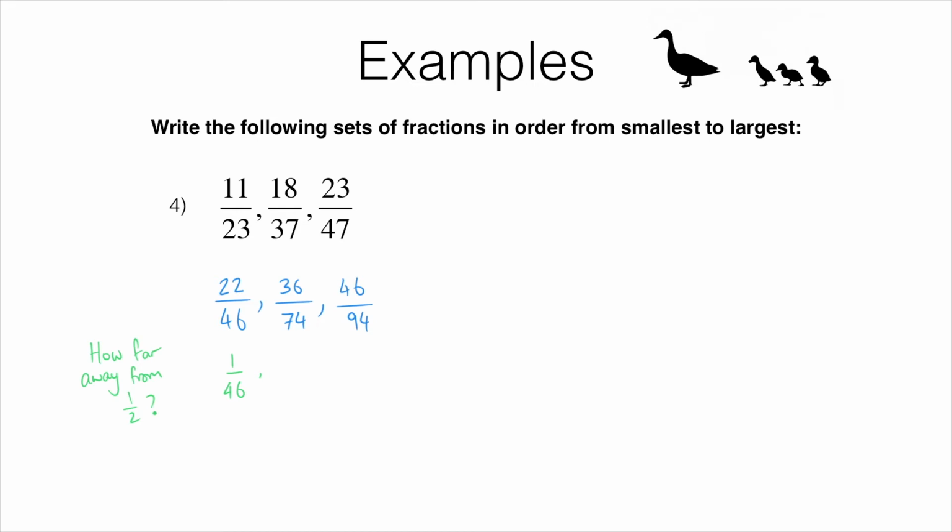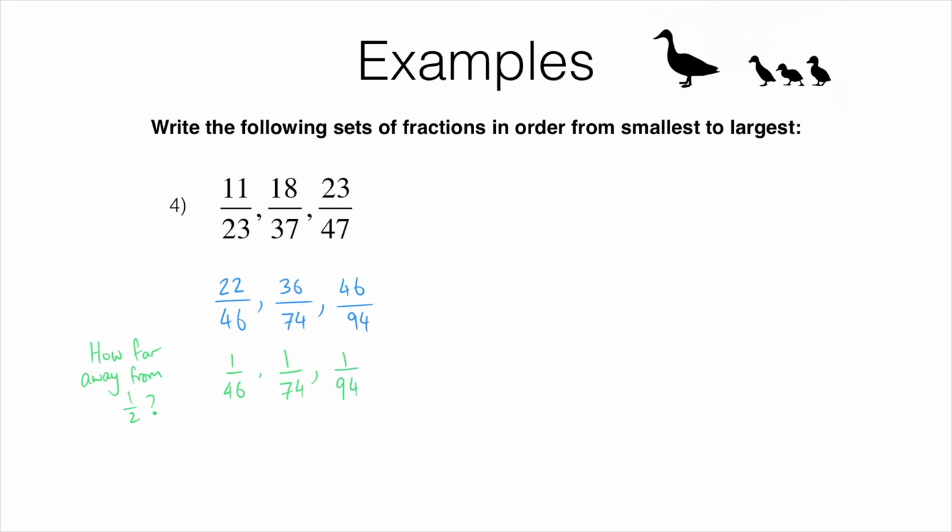With this one, we know that 37 74ths is a half. So to get to 37 74ths, you need to add on one more 74th. So 18 37ths is 1/74th away from being a half. And similarly, this fraction is 1/94th away from being a half.